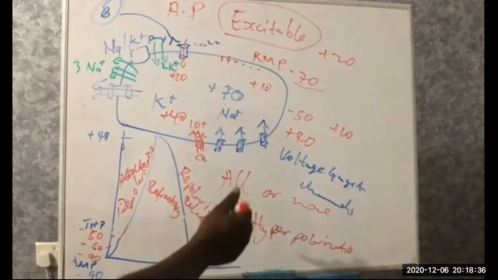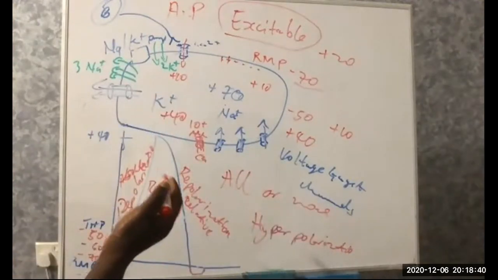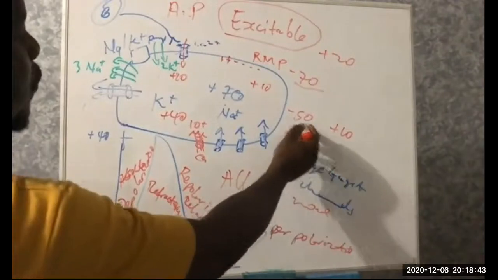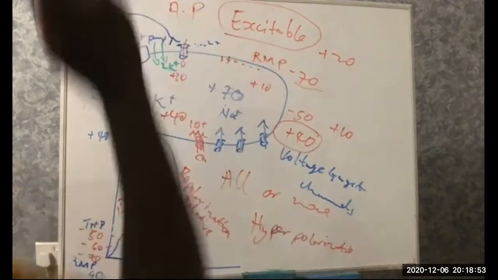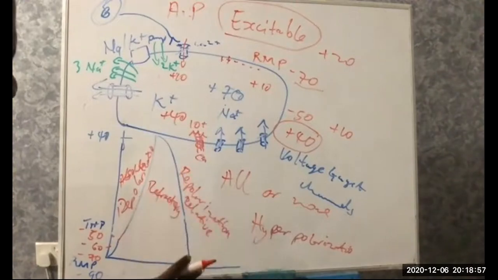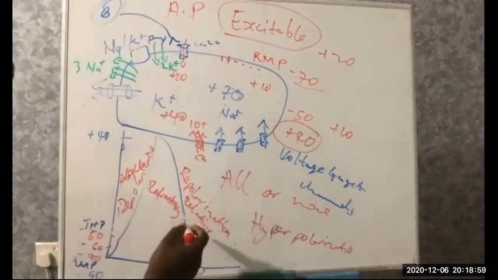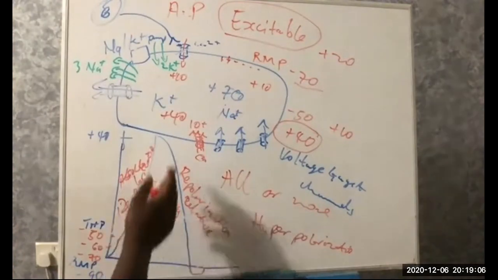So if the intensity of the stimuli can bring in about 40 positive ions, it can move it from hyperpolarization to what? Threshold potential, and a new action potential will be generated. So that is why we call the repolarization or hyperpolarization period the relative refractory period.